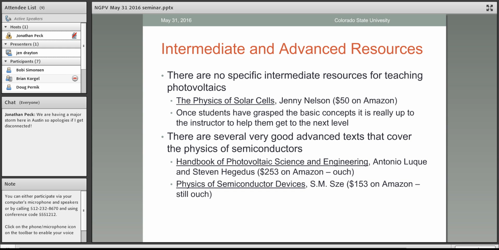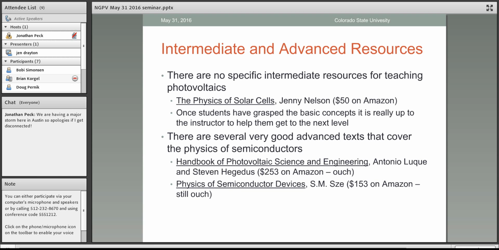But I think it's a really good thing to teach students in general, and not just stop at the science, but to take them through to the next part of what you're going to do with this thing once you've made it.